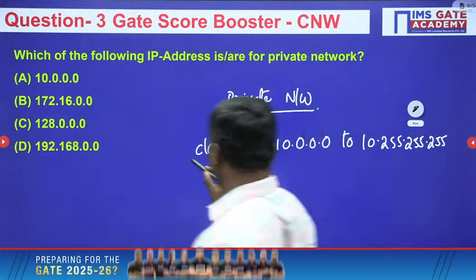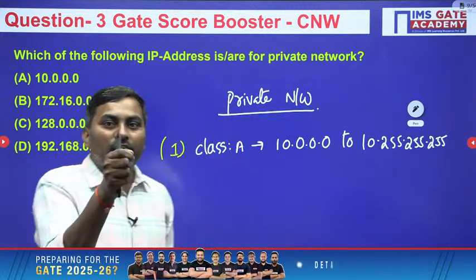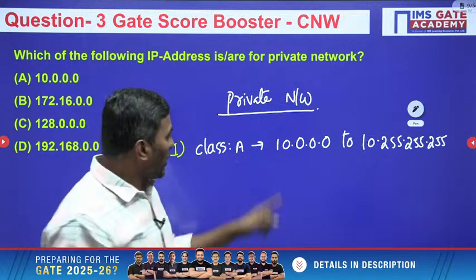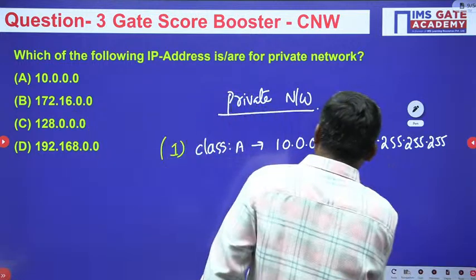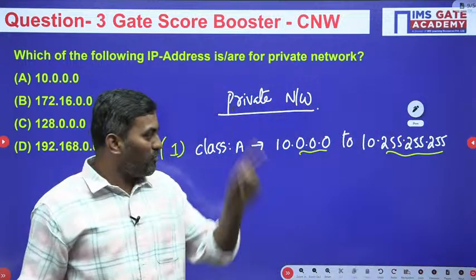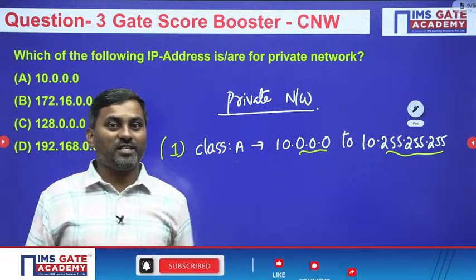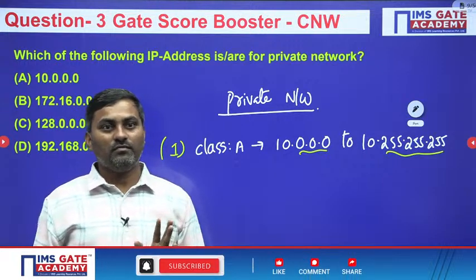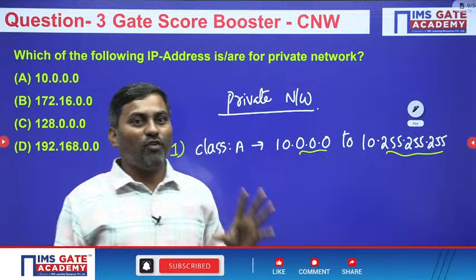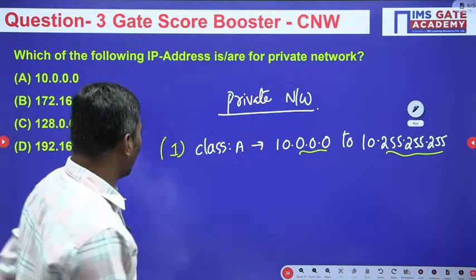Please, I am taking one network ID. If you take one network ID, you can configure this many hosts from here to here. How many hosts possible? Isn't it 2 power 24 minus 2 IP addresses? Can you form it or not? So this many you can form. Am I right, all of you? One network only, this many hosts possible.